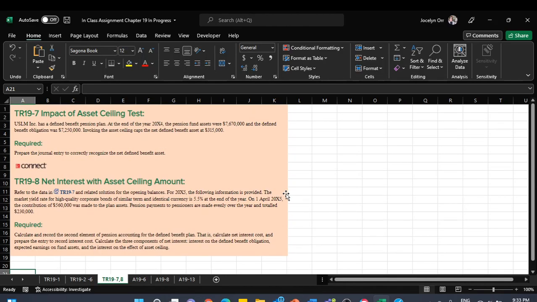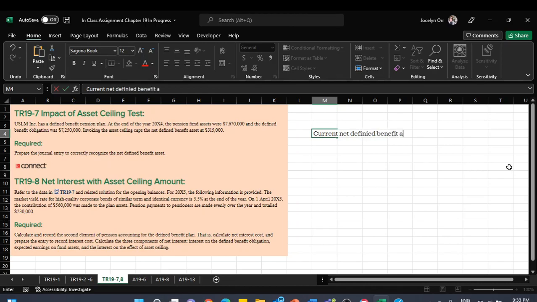So the first thing that we need to take care of here is looking at what our current net defined benefit asset is. And in order to determine what that is, we want to look at the pension fund assets at the end of the year 20X4 and our defined benefit obligation.